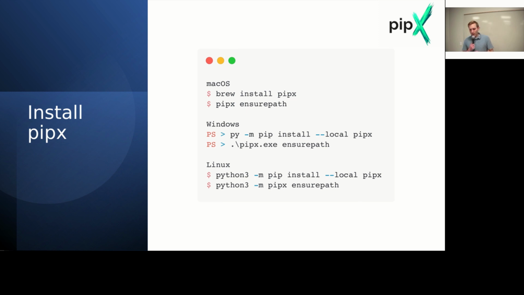For a lot of the walkthrough, I'm going to use a tool called pipx. Probably people are really familiar with pip. That's the tool that's very common for installing packages from the Python Package Index. pipx is really nice if you have a standalone thing you want to install and make available for all kinds of projects on your computer.